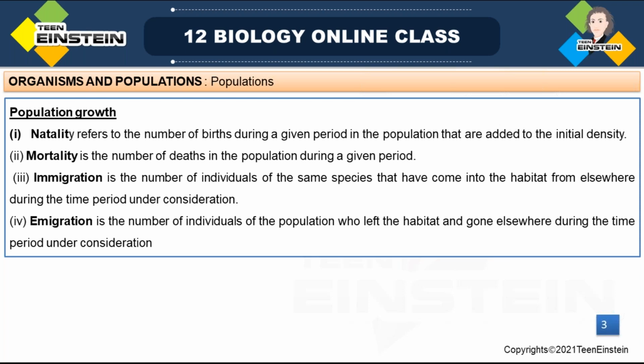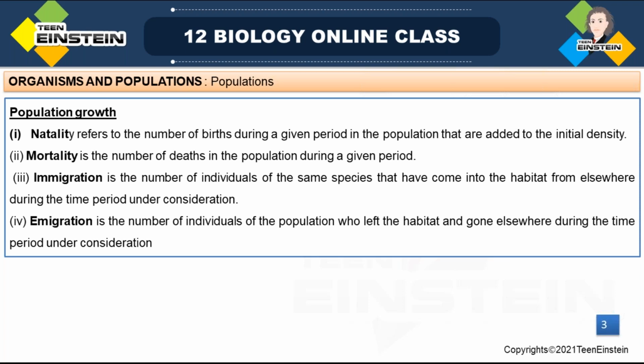So based on 4 basic parameters or 4 basic processes, the density of a population in a given habitat in a particular period may fluctuate. Okay, there are 4 basic processes.